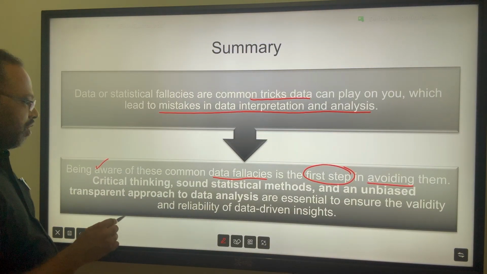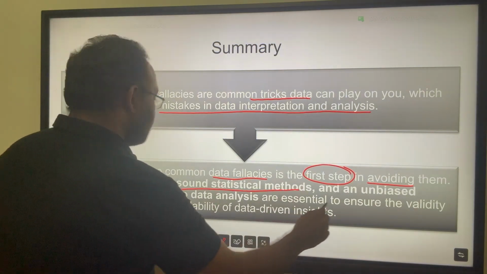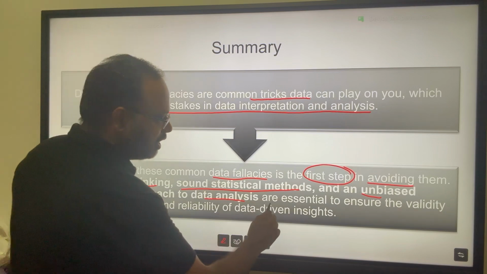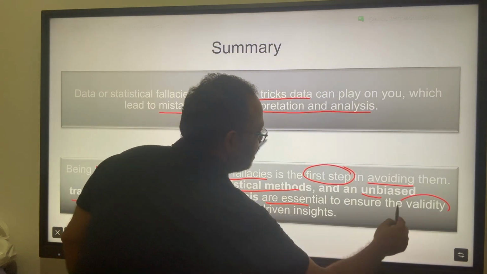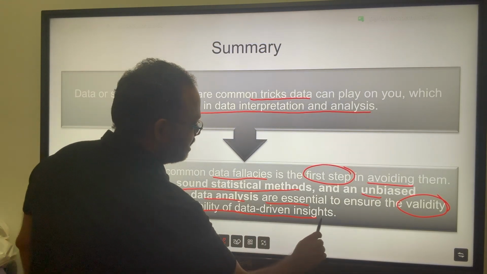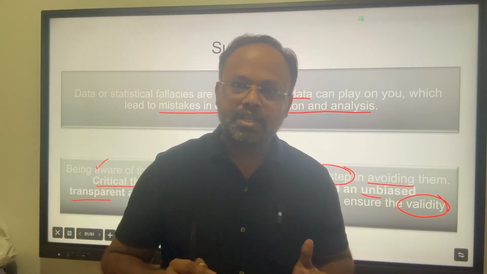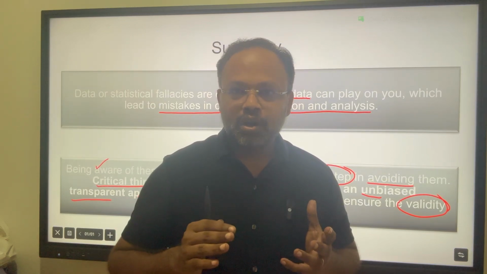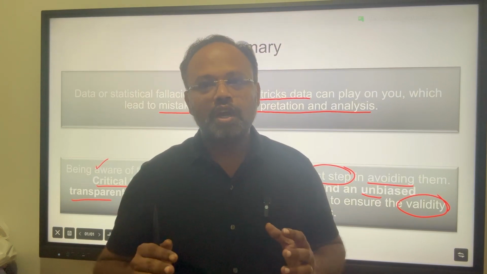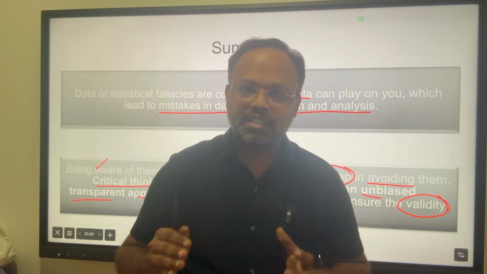We need to have critical thinking, sound statistical methods, and an unbiased, transparent approach to data analysis, all essential to ensure the validity, accuracy and reliability of the data-driven insights. To end up, data has lots of power, numbers have lots of power, and we should not be misled intentionally or unintentionally. We should not land ourselves in these sorts of data fallacies or statistical fallacies.